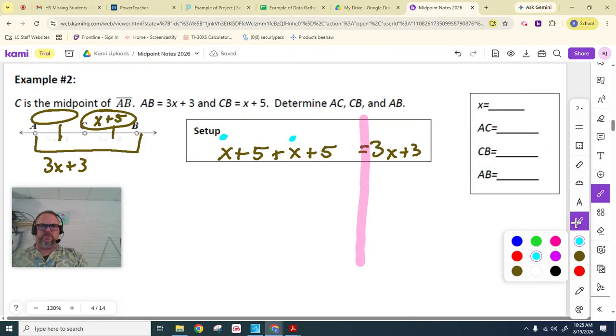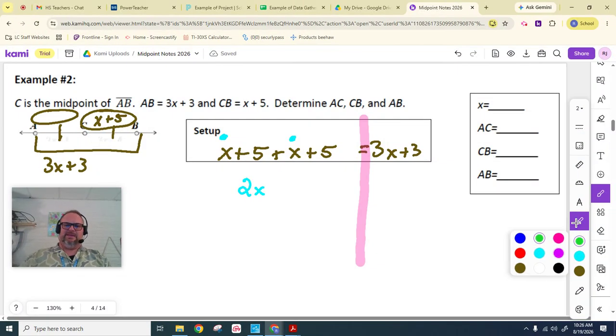Some of y'all already have 2 X's for this week. So, when people turn around, they're like, how does he know? All right, so we have 2X. All right. And 5 plus 5 is 10.